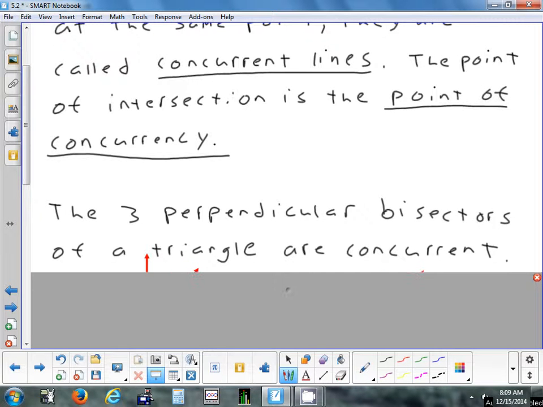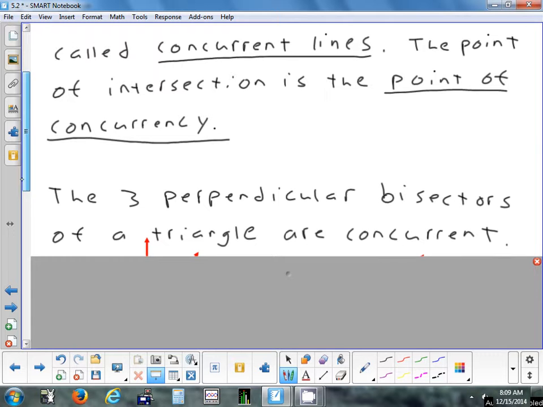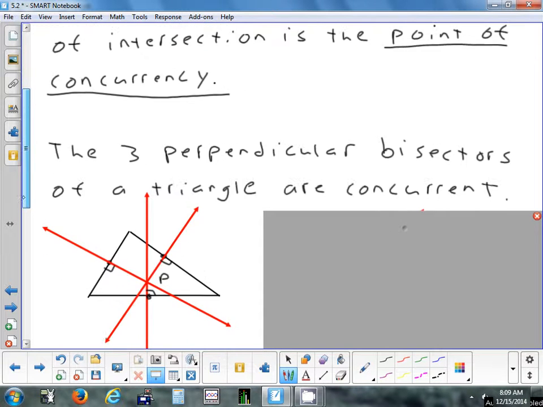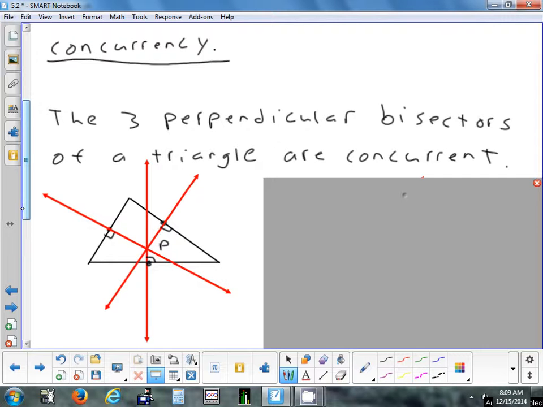All right, so first fact. If you draw the 3 perpendicular bisectors of a triangle, they are concurrent. Remember, concurrent means that they all meet at a special point. Let me show you an example. Here's an acute triangle. I've drawn 3 red lines.